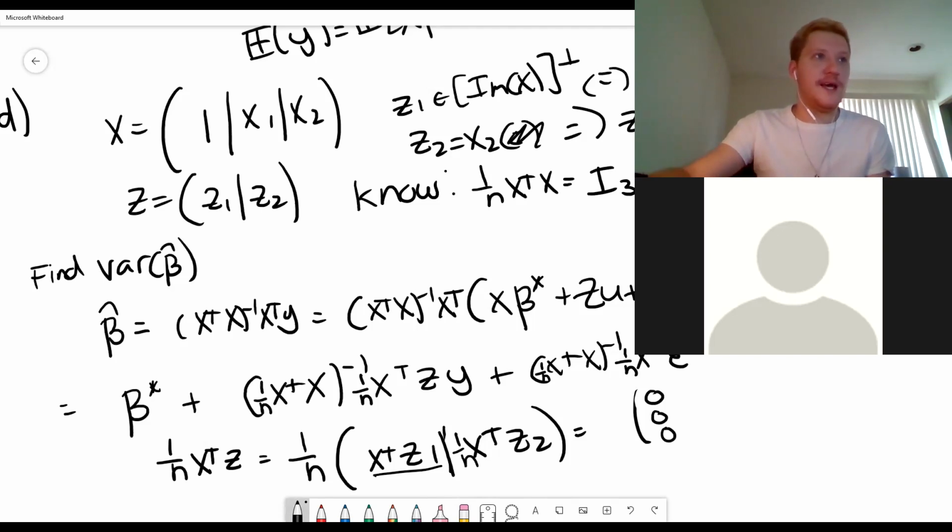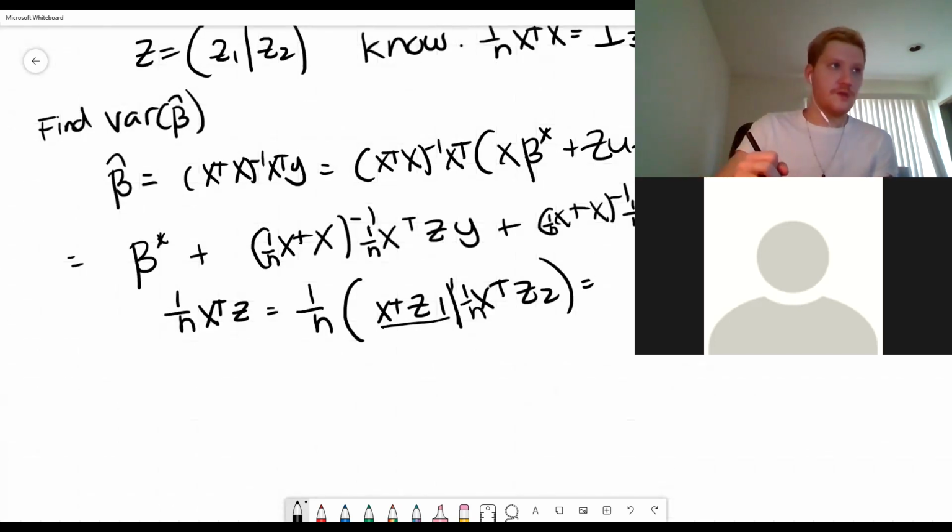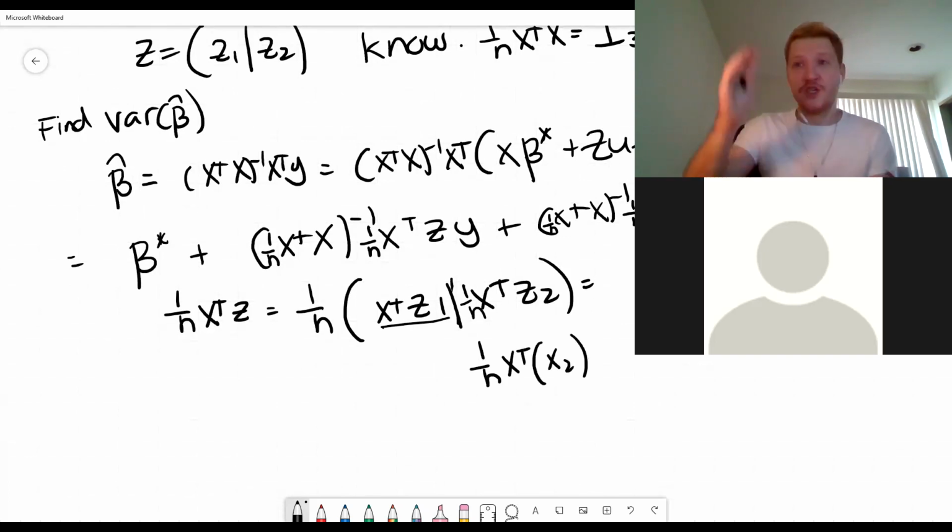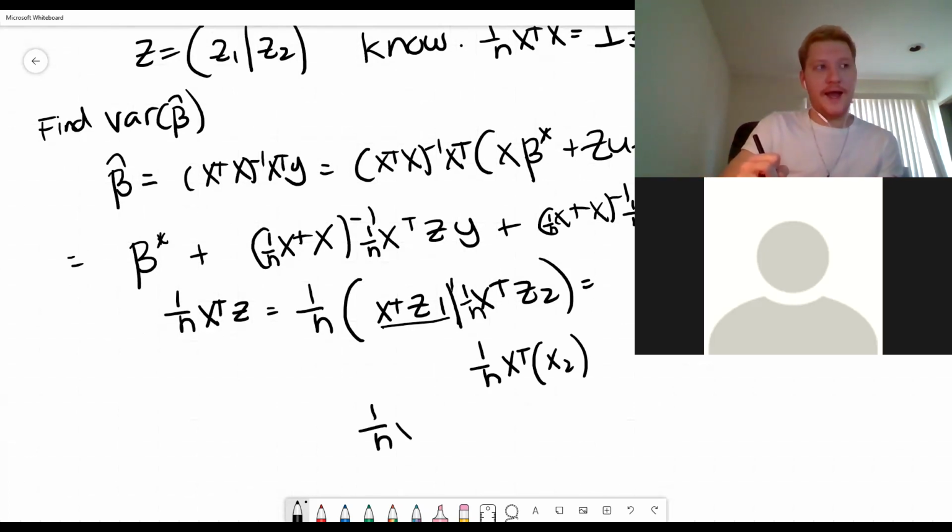Now for the second thing, we said that Z2 is equal to X2. So what we end up getting here is 1 over n X transpose times X2, which is the third vector in X. Remember that 1 over n X transpose X is equal to the identity matrix.